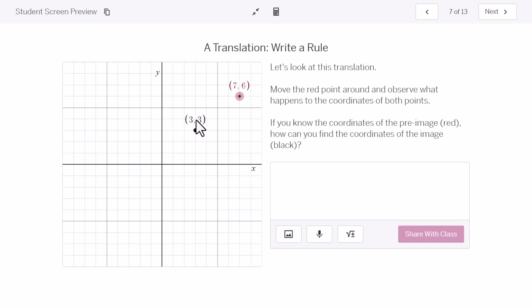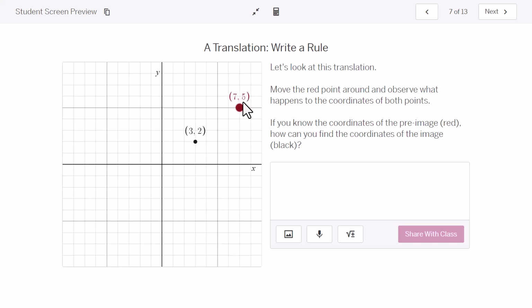So when I move left and right, those red numbers change. And I also notice that the red number is always 4 more than the black number. So 6 is 4 more than 2. 7 is 4 more than 3.